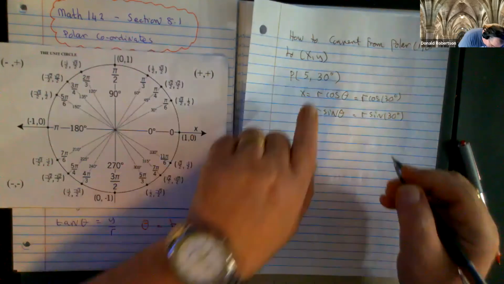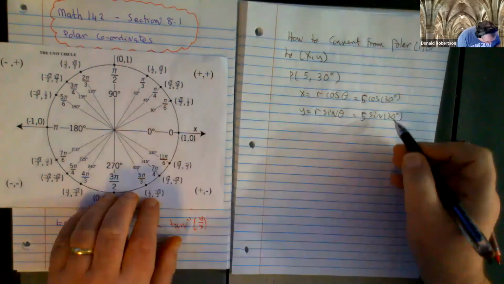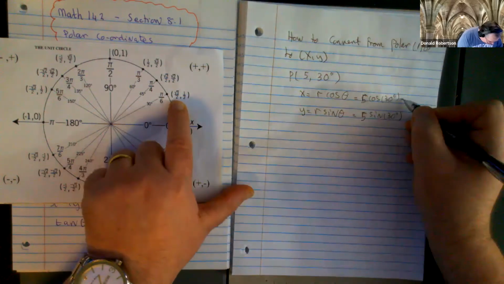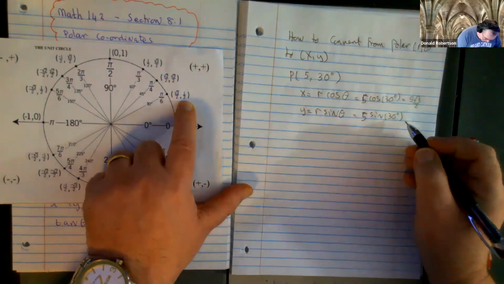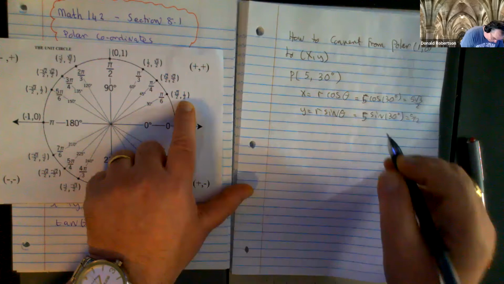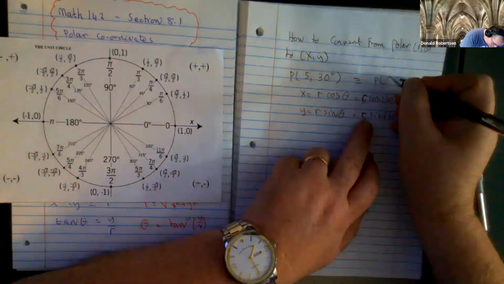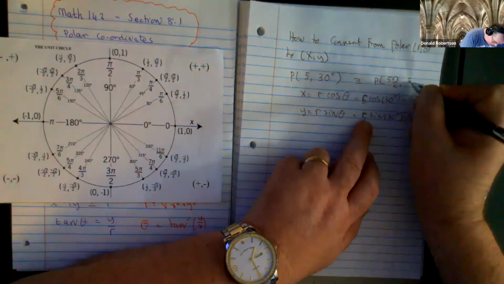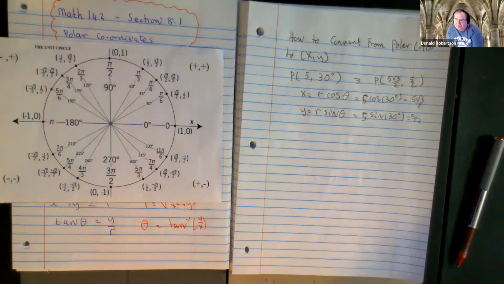And r happens to be 5, so I put 5 in here. Cosine of 30 degrees is root 3 upon 2, so 5 root 3 upon 2. Sine is a half, 5 times a half. And there's your answer: 5 root 3 upon 2, 5 halves.